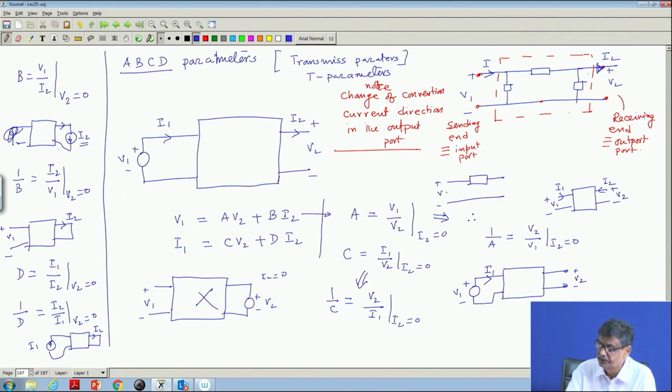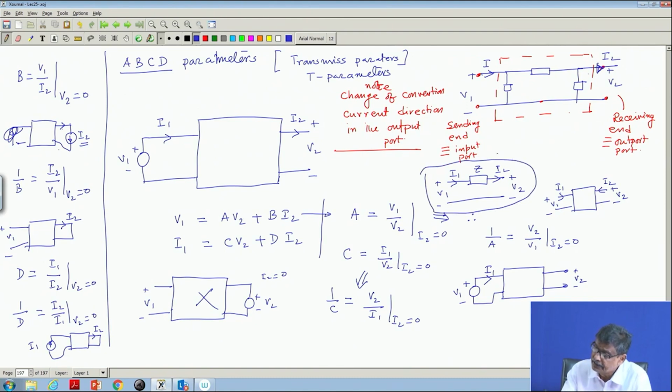Suppose this is V 1, this is a transmission line. In case of a transmission line, I will denote I 2 to be like this, you please remember, and this is I 1. Suppose the impedance network internally is known, then what should be the ABCD parameters? That is what I want to find out.